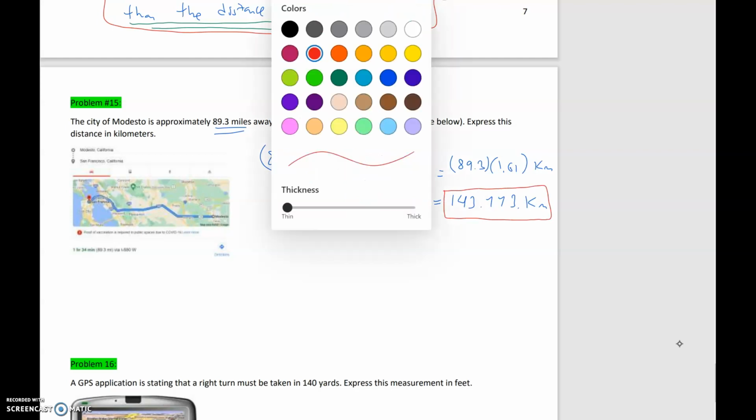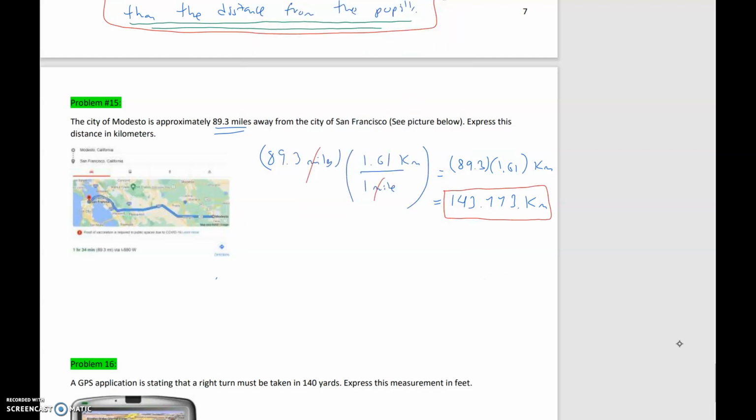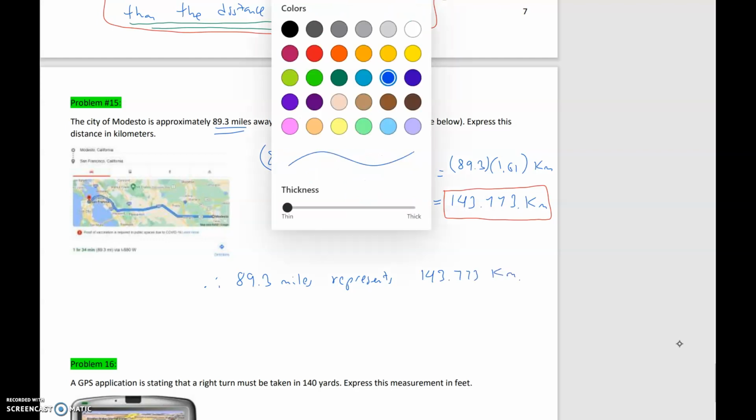And then our main answer, let me just rewrite it here. 89.3 miles represents 143.773, and in this case, that would be kilometers.